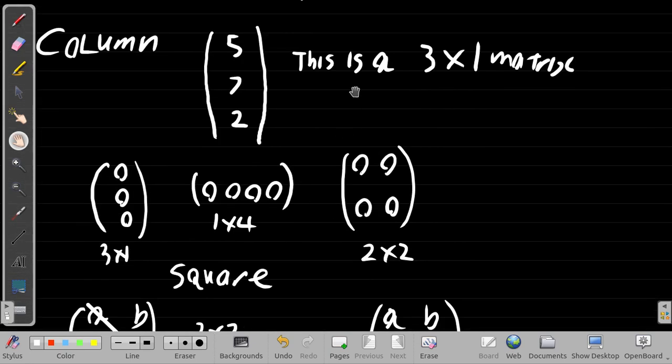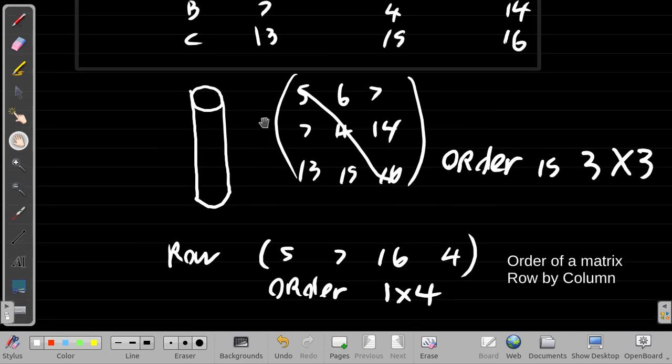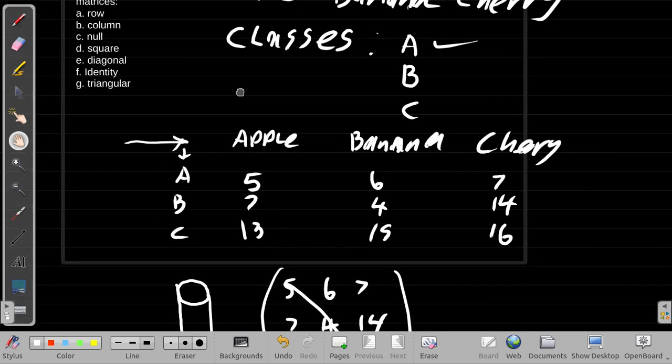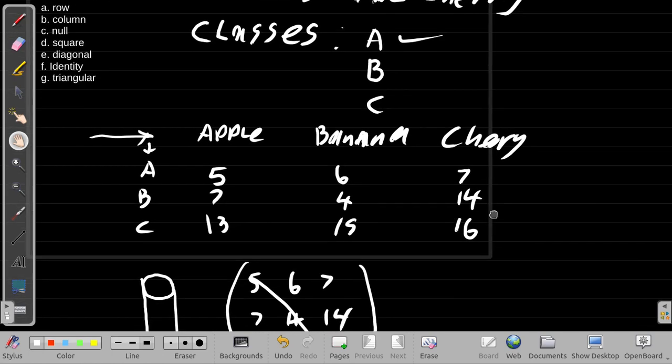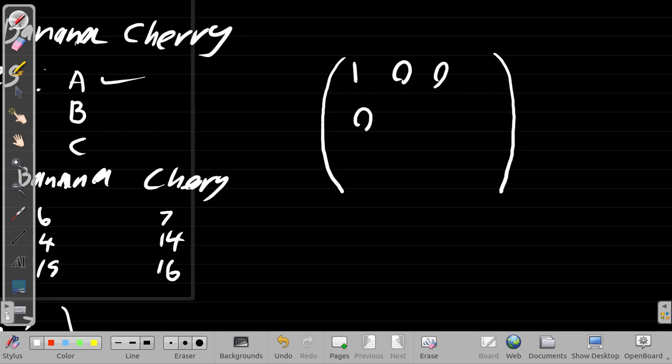Now, let's see what else we have going up here. So now, diagonal matrix. Identity matrix. The identity matrix is a diagonal matrix, but the elements in the diagonal are 1 only. 1, 0, 0, 0, 1, 0, 0, 0, 1.